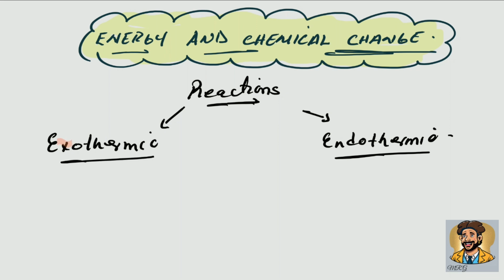If we look at these two words, we have these prefixes at the front of each of them. The first one, exothermic: that exo means out. It's a Greek prefix. And here, endo means absorbing or inner or within.